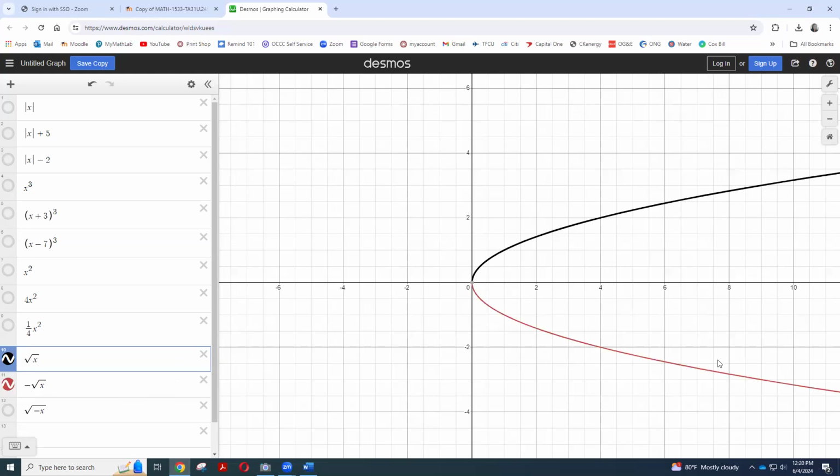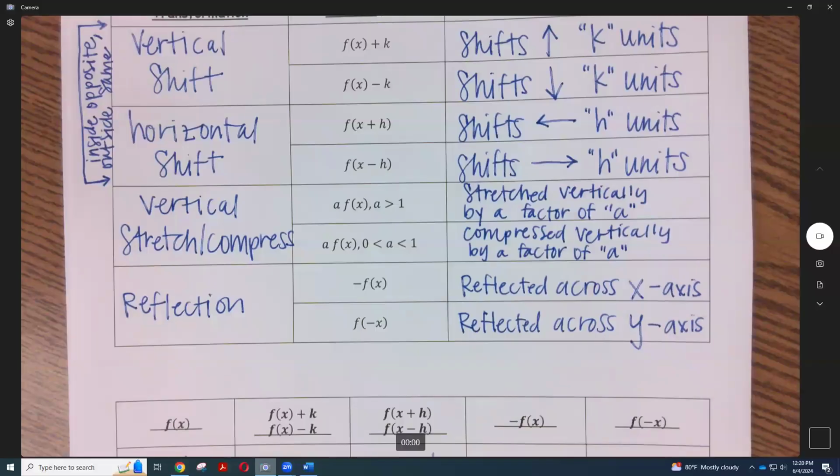And so now it's down here. Then when I have the square root of negative x, it's going to reflect it across this y-axis here. And so now it's flipped and going this way. So reflected across the x, reflected across the y there in blue.